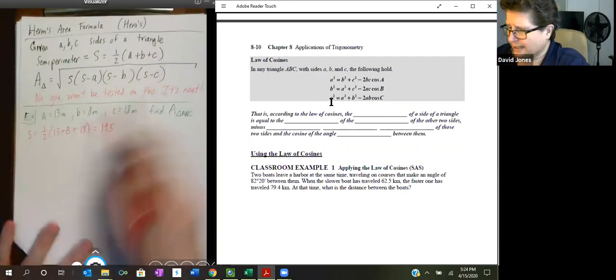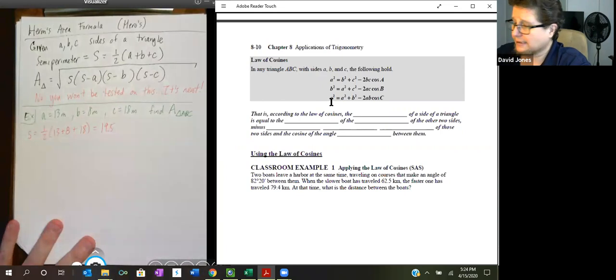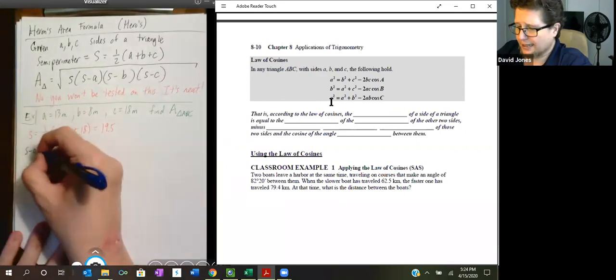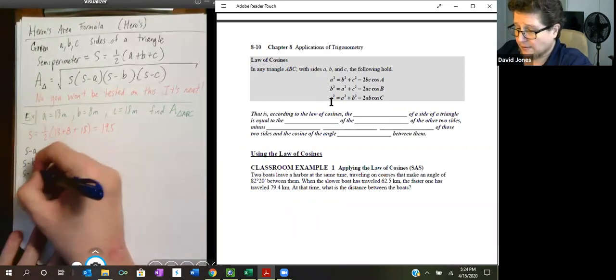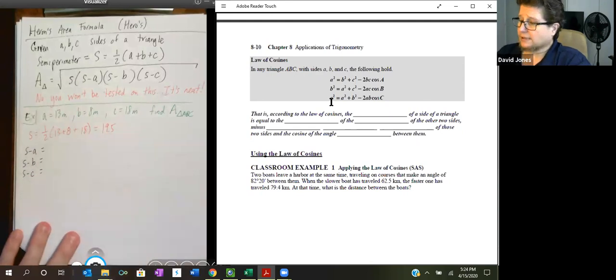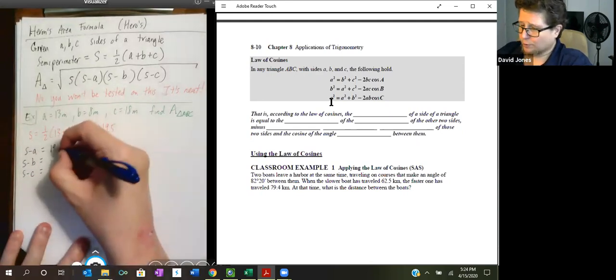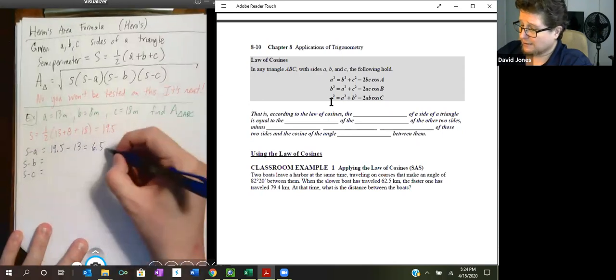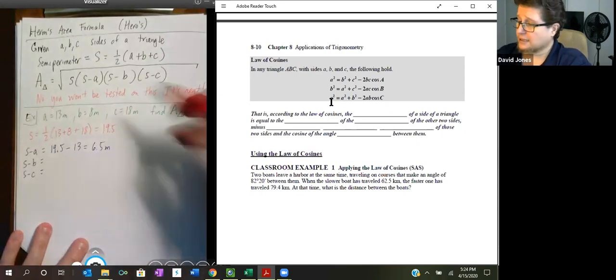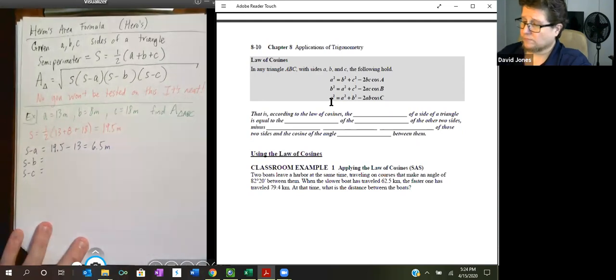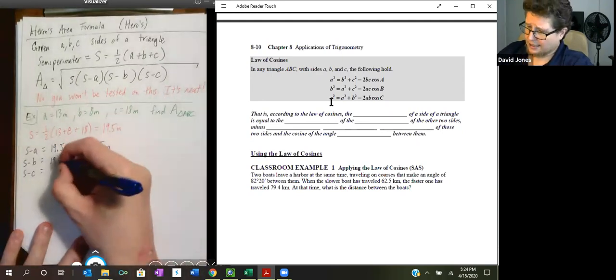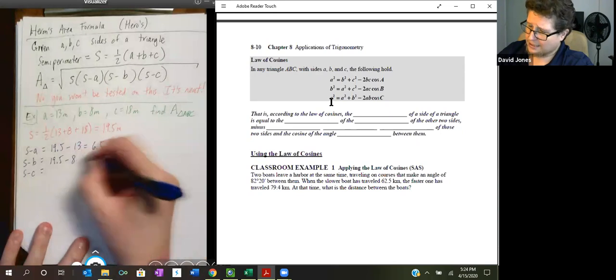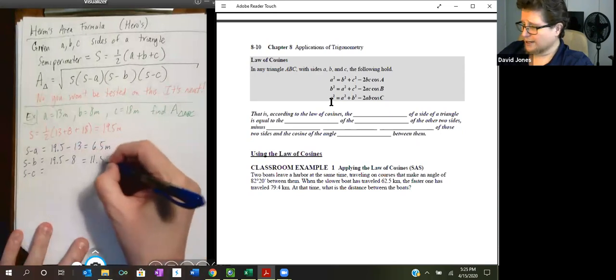And then we needed S minus A, S minus B, and S minus C. 19.5 minus 13 is 6.5 meters. 19.5 minus 8 is 11.5 meters.